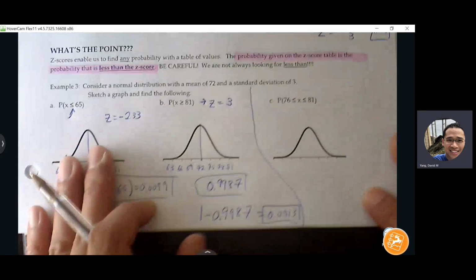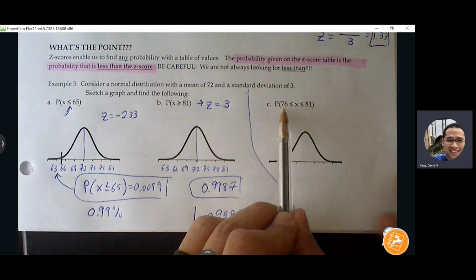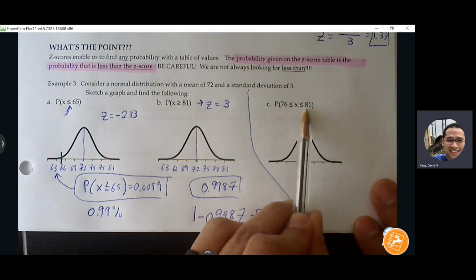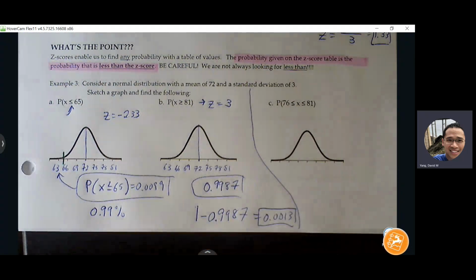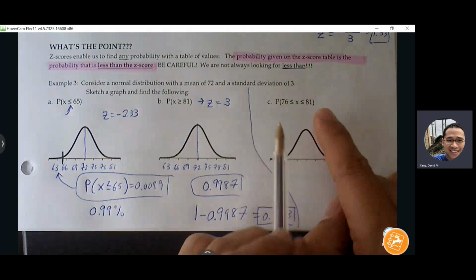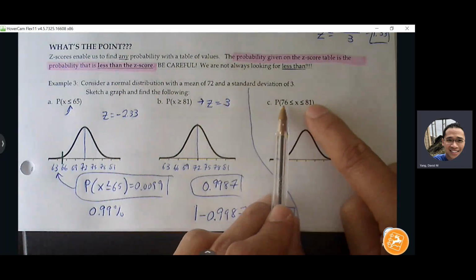So this is where it gets a little bit complicated: what happens if you're dealing with two z-scores here? Less than or equal to 76, or between 76 and 81. We have to understand that we're going to be looking up the z-score table for both 76 and 81.